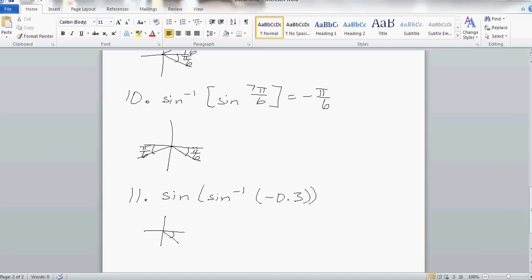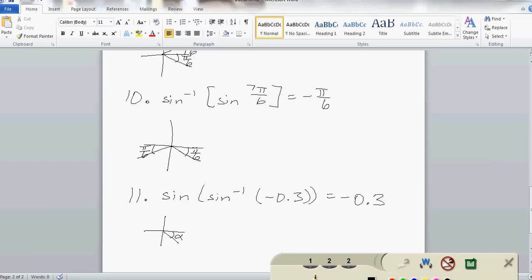And so we have some angle, we'll just call it alpha, whose sine is equal to negative 0.3. And so then we ask, what is the sine of this? Well, the sine of this would be negative, and it happens to be the exact same value that's there. There's nothing else that we could actually use to determine this.